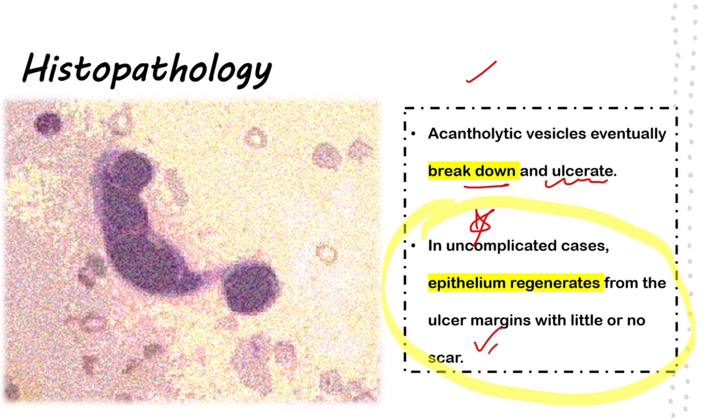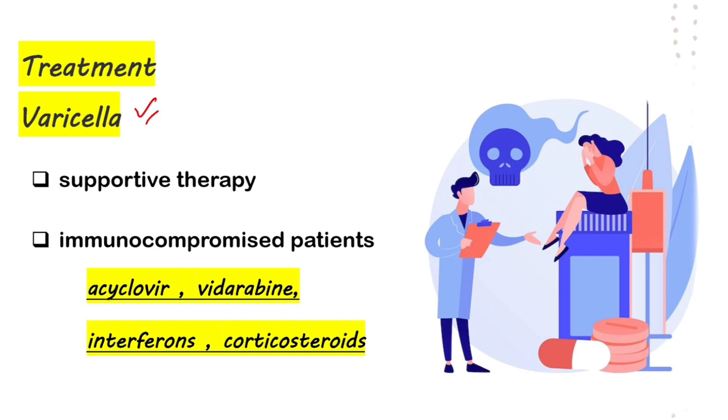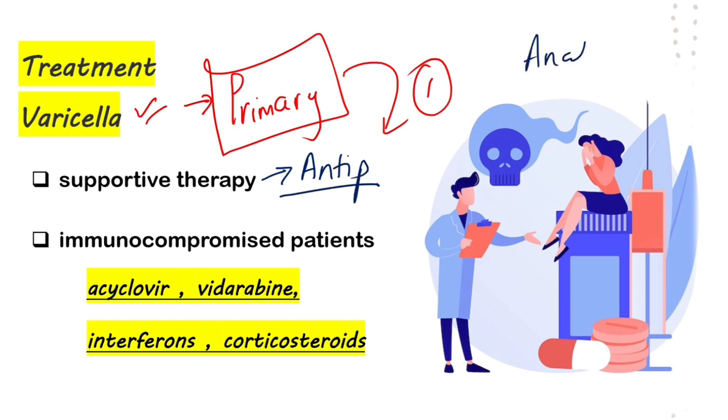Now finally, we will talk about the treatment approaches. The varicella or primary infection will have a different treatment approach, and herpes zoster or shingles will have a different treatment approach. First, we will talk about the treatment of varicella. Supportive therapy is typically sufficient for healthy individuals with varicella, for example antipyretics against fever and analgesics against pain.